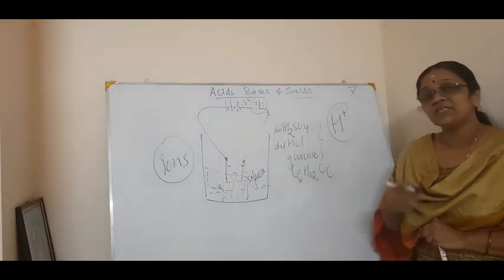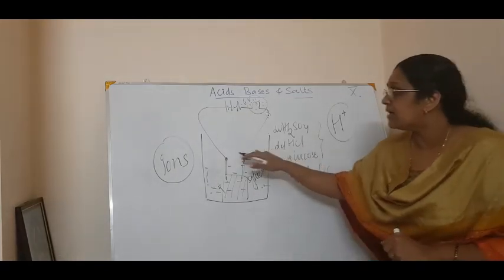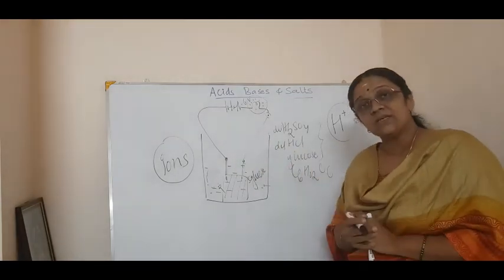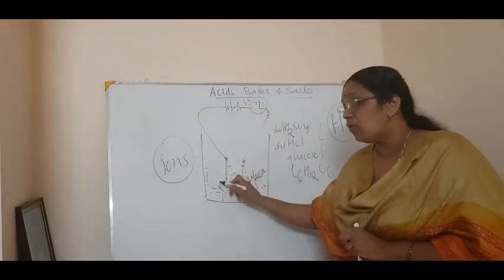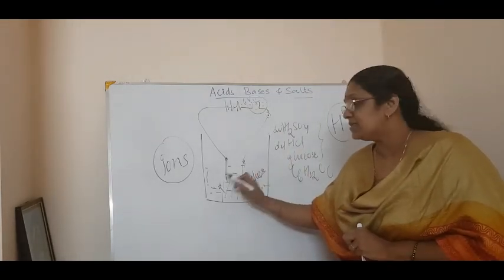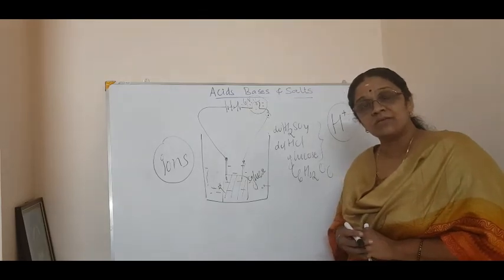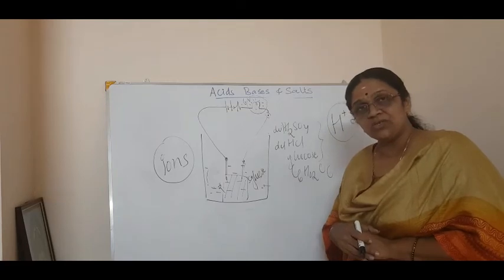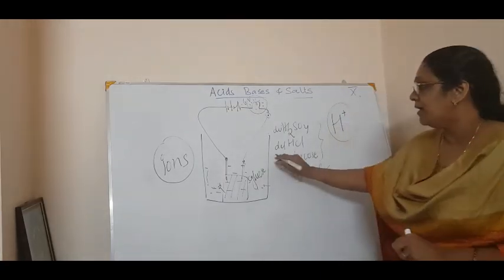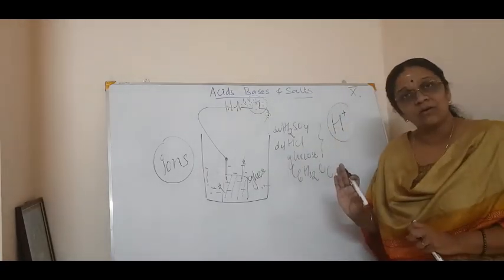So what is the inference from that? That means the current is not passing into this circuit. The current is not passing into the circuit means there are no ions in this solution. Isn't it? There are no ions to carry the current in this solution. So that is why the bulb is not glowing.